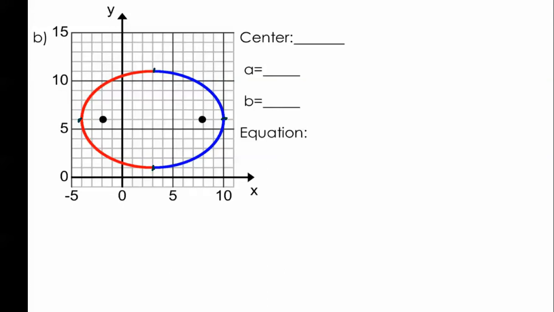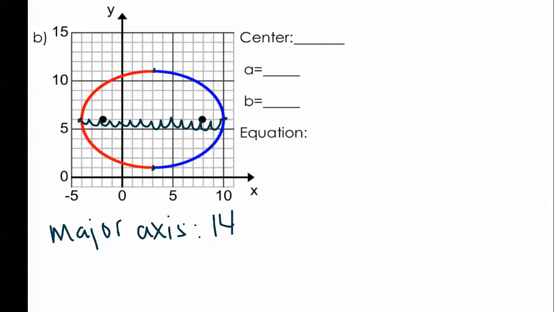I'm going to go ahead and count to find the length of my major axis. So my major axis is going to be 1, 2, 3, 4, 5, 6, 7, 8, 9, 10, 11, 12, 13, 14. So my major axis is 14, which is telling me that A equals 7.